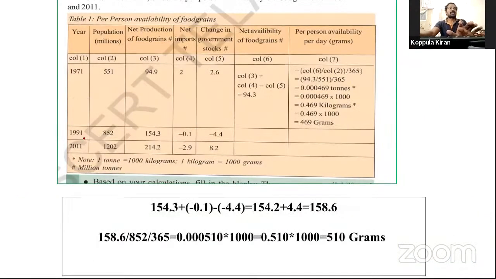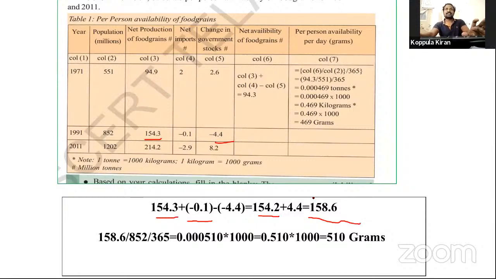See this, 1991. What happened? Same total production, minus 0.1 net imports, it is negative, this one minus 1. Then we deduct from total production, net production minus changes, this is change, minus 4.4 government stocks. The final result is 154.2 plus 4.4, that is available.